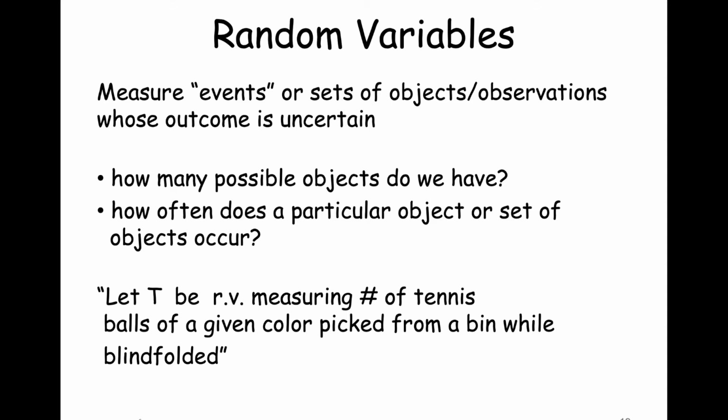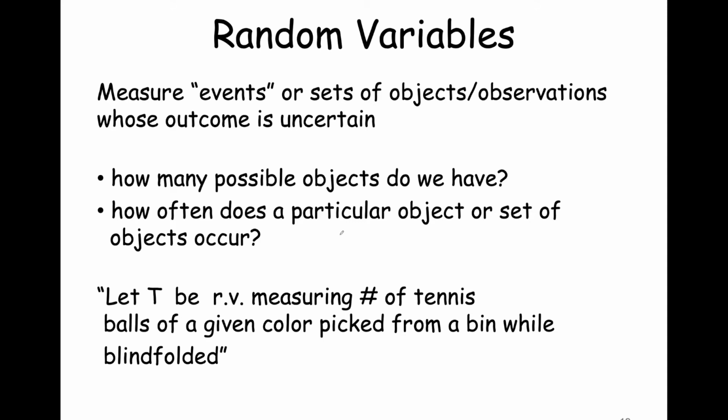So we're going to motivate this with an example to develop the intuition, and then we're going to get into conditional probability, what it's doing, and then end with a definition and example using Bayes' rule and why Bayes' rule is important. So we're going to define T, and T is just going to be a random variable, and let's assume that it measures the number of tennis balls of a given color that you pick from a bin while blindfolded.